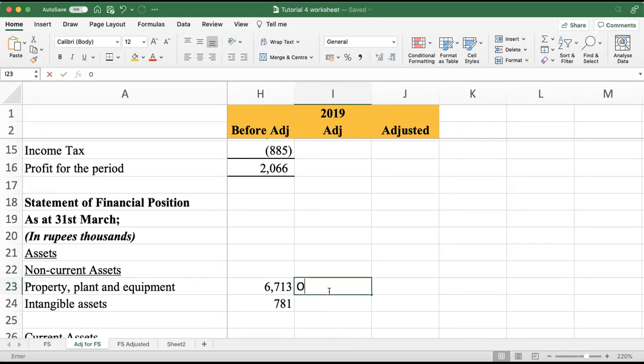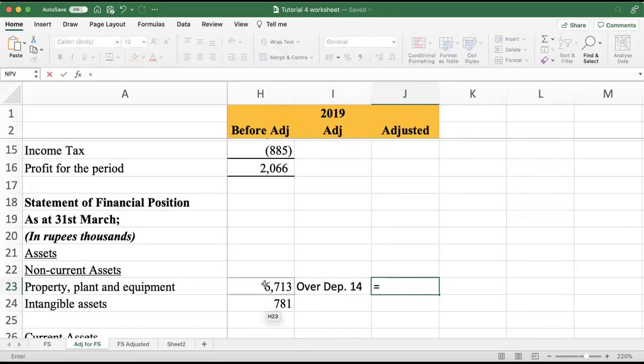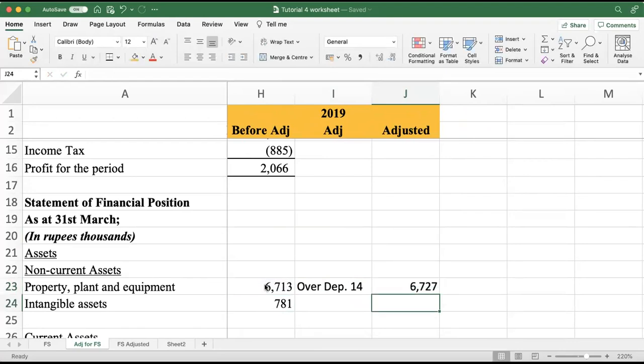You have to adjust over depreciation 14. Then what happens? You reduce the depreciation expense, then asset value goes up. So asset value increases by 14.